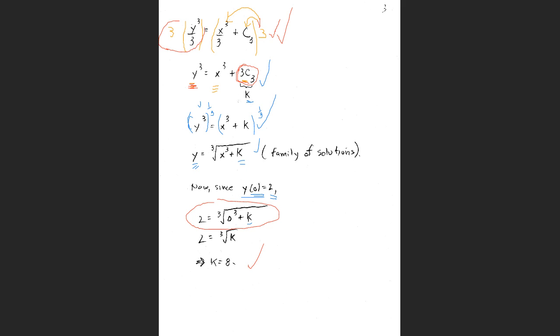But then I have to multiply the right side of the equation by 3. When I distribute the 3, I'm going to get an x cubed term, but I'm also going to get a 3 times c3 term. Well, 3 times a constant is just some constant. So I call that constant k. See that?